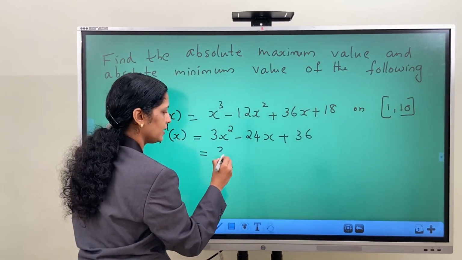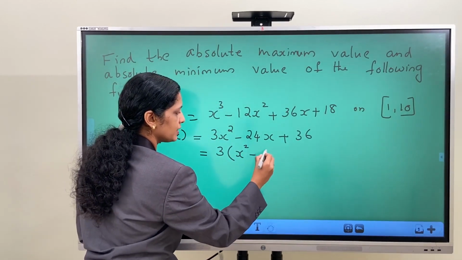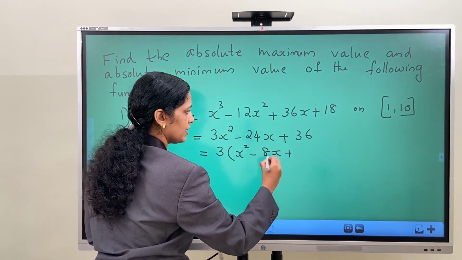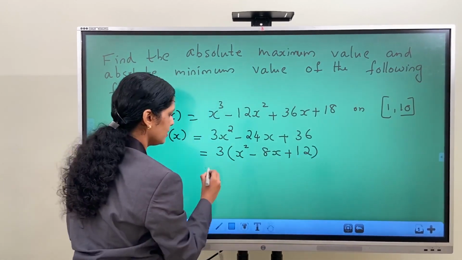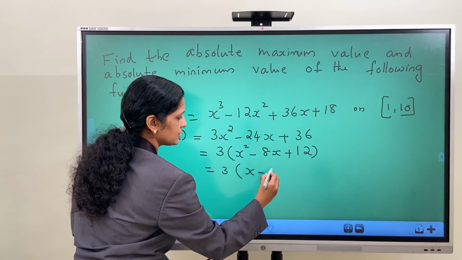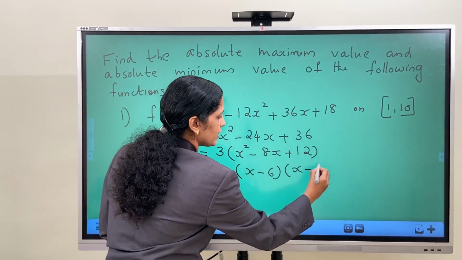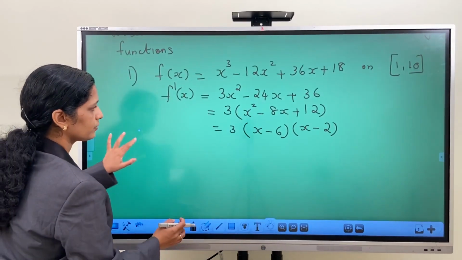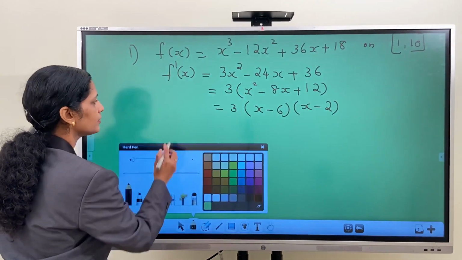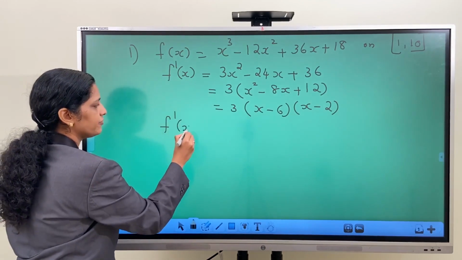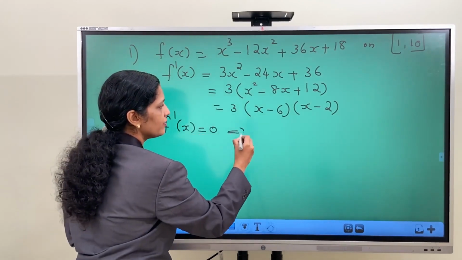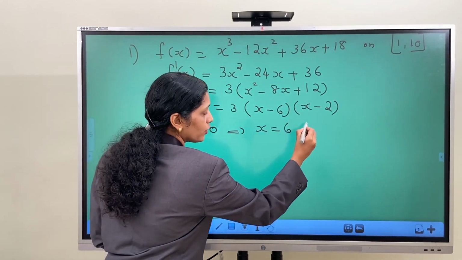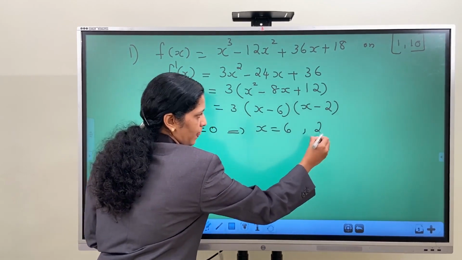By taking 3 outside, x squared minus 8x plus 12, that is x minus 6 into x minus 2. By putting f dash x equal to 0, we are getting x as 6 or x as 2.